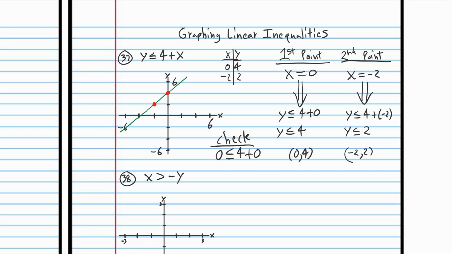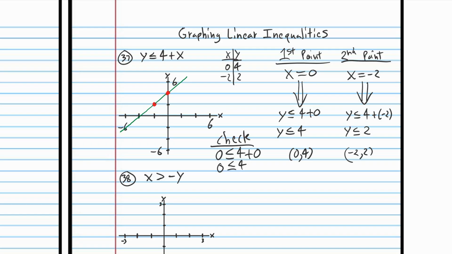So I'm just plugging in a random y value and an x value, and then I'm going to see if that point works in this inequality. So we have 0 is less than or equal to 4 plus 0. And then that simplifies to 0 is less than or equal to 4.